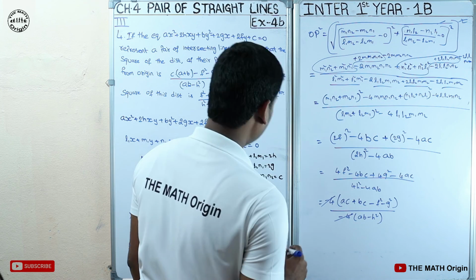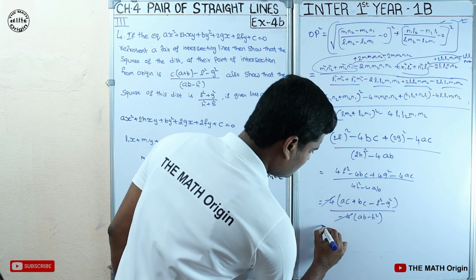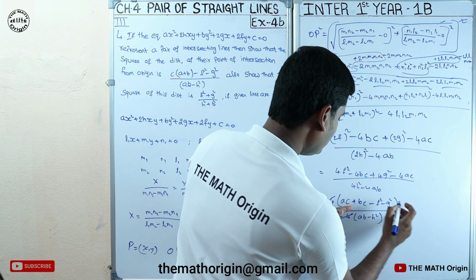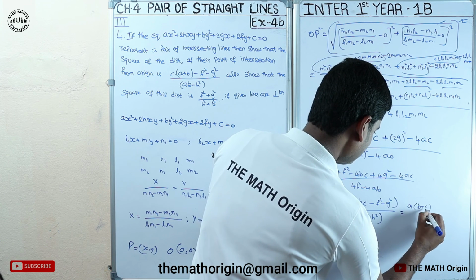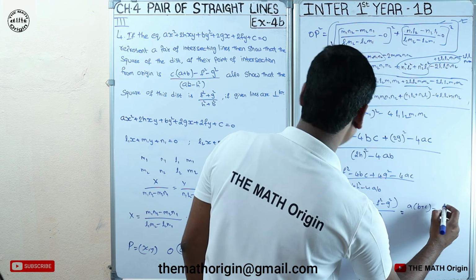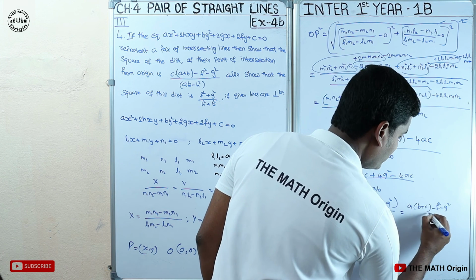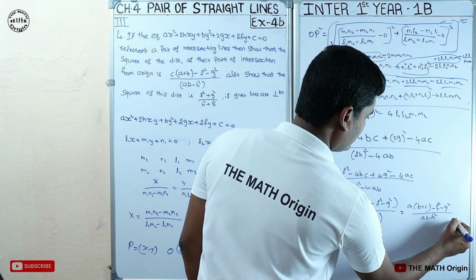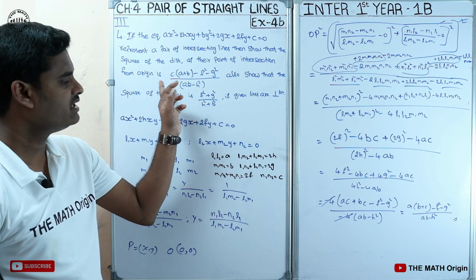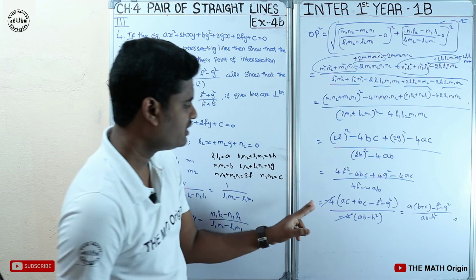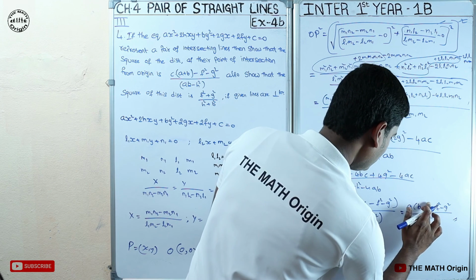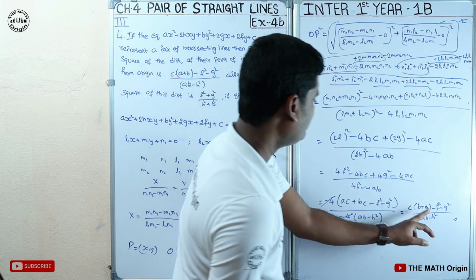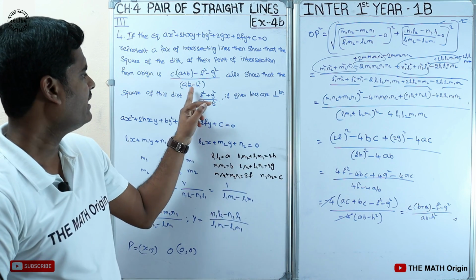So minus 4 is cancelled. From the first two values I will take c as common, so here it will be c into a plus b minus f square minus g square, by ab minus h square.